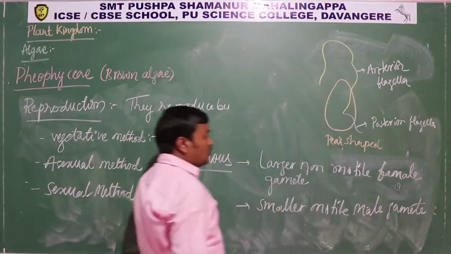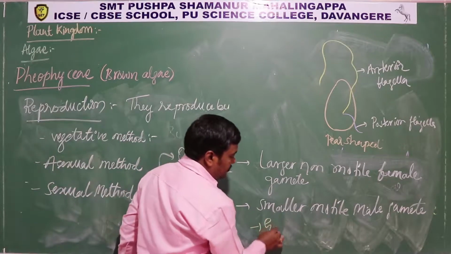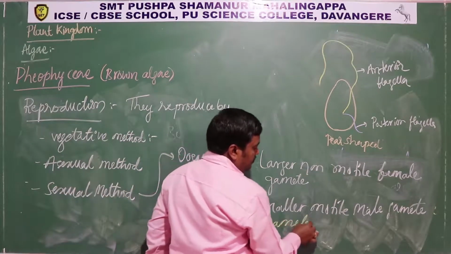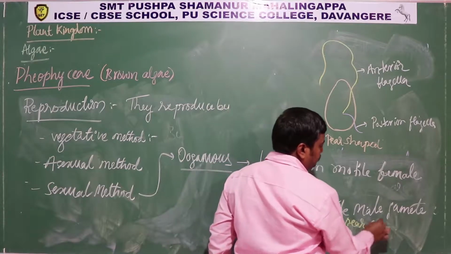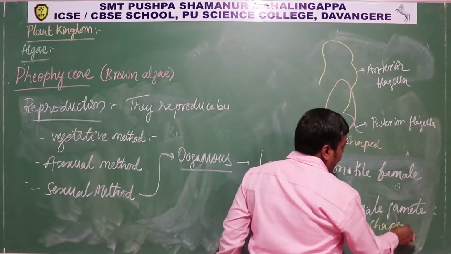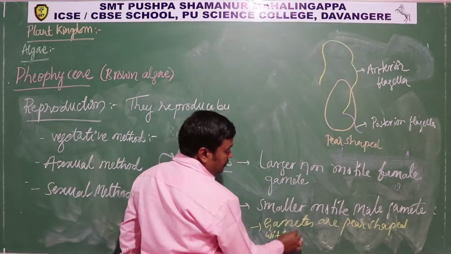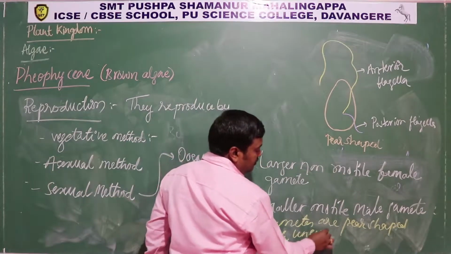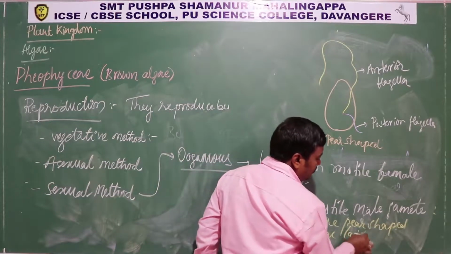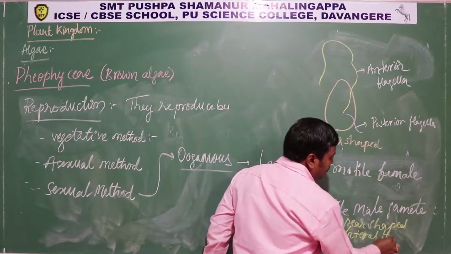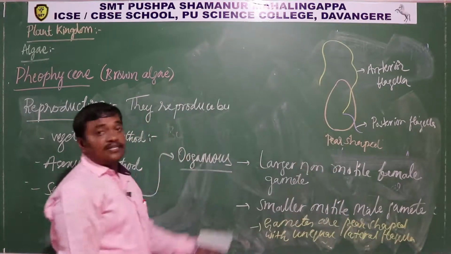Here also the gametes are pear-shaped, with unequal lateral flagella, similar to this.